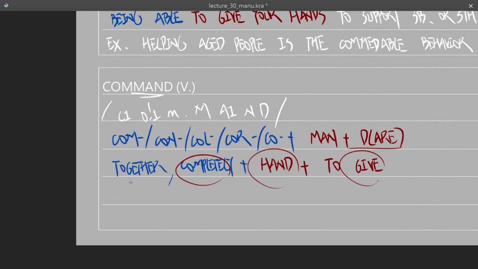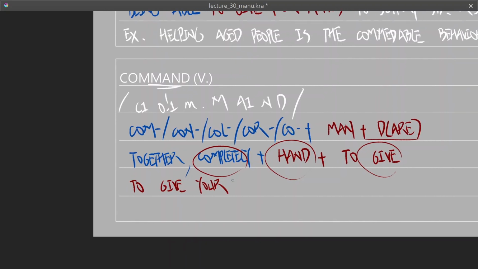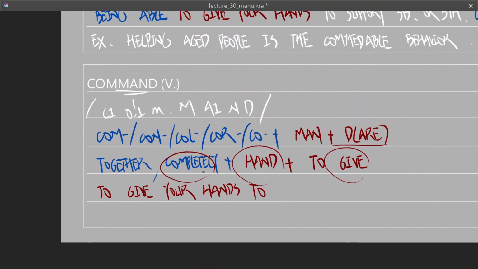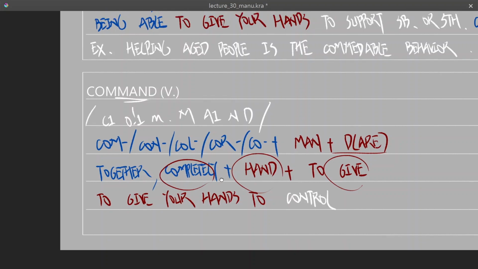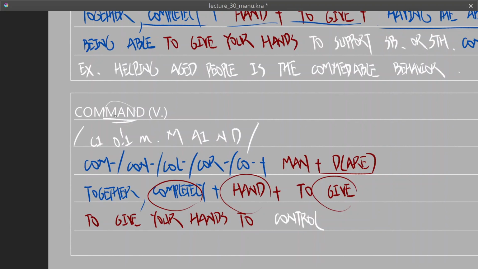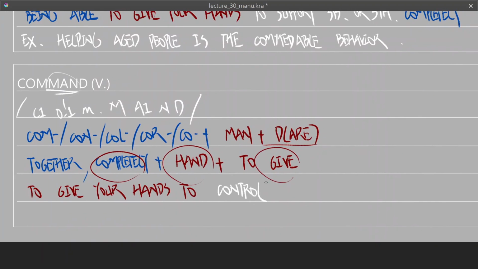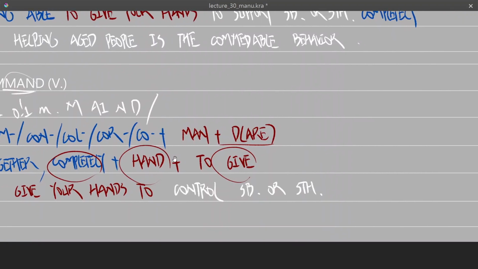That's it. Since we have the singular man, it's harder to control someone's mind. So to give your hands to control somebody or something completely.